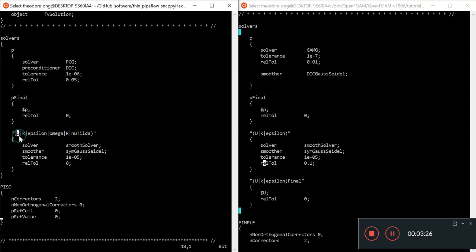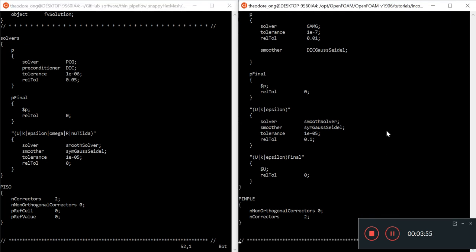U is the normal average velocity, and all the rest of these belong to the turbulence modeling part. Same as well here, you have a k-epsilon model. You use these kinds of solvers with the tolerance settings.